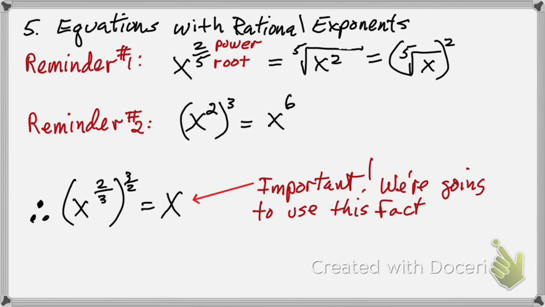So these 3 dots mean therefore, if I've got x to the 2/3 power, and I'm raising all of that to the 3/2 power, it's just x. They cancel. That's going to come in handy to solve the kinds of problems that we're fixing to solve.